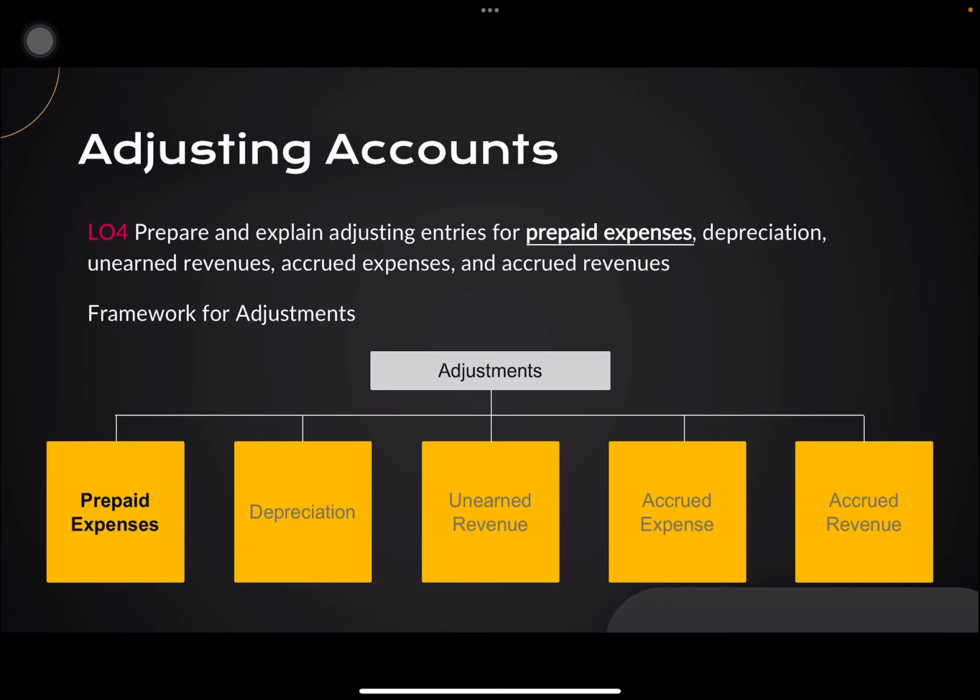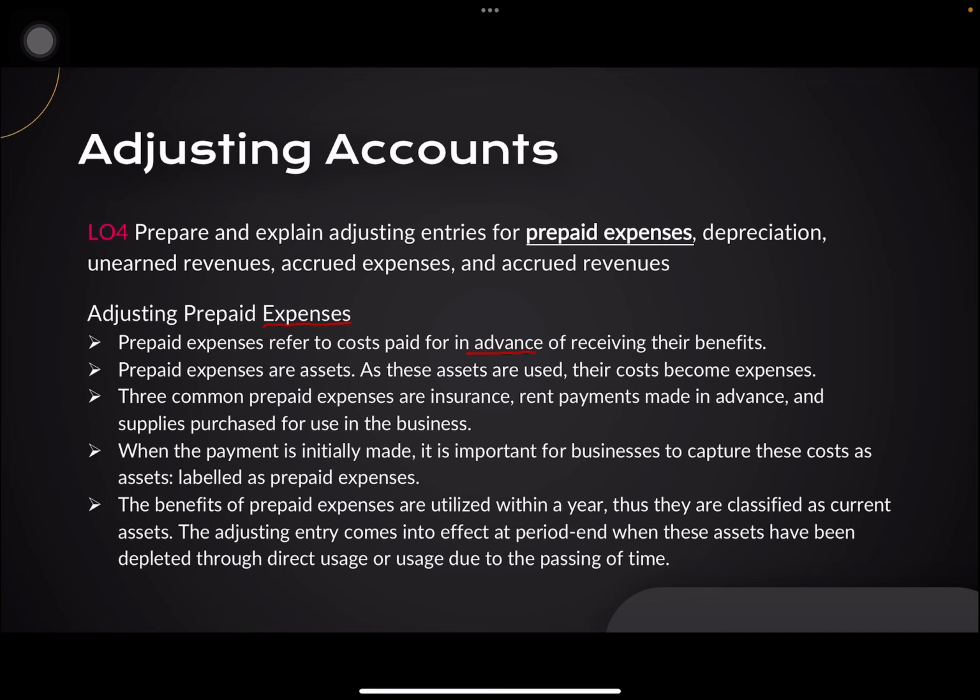Also, these prepaid expenses, although you are seeing the word expenses here, this should not be noted as part of your equity item. Because you will be confused. But rather, read it as the entire account title of prepaid expenses. When you see this account title, prepaid expenses, you would always classify this as an asset.